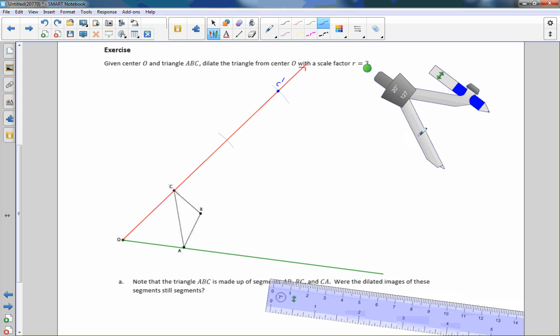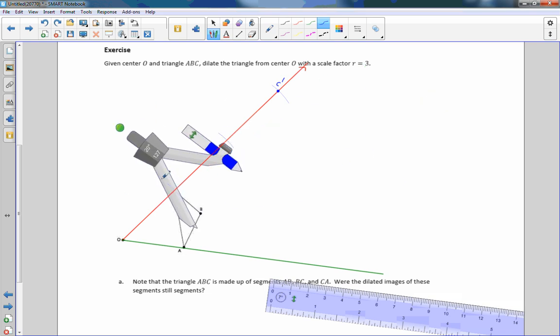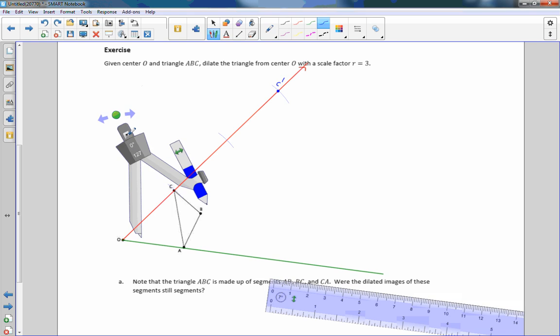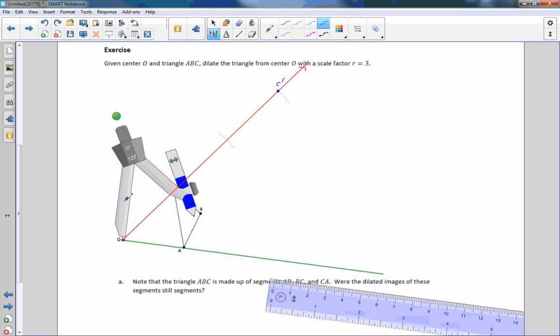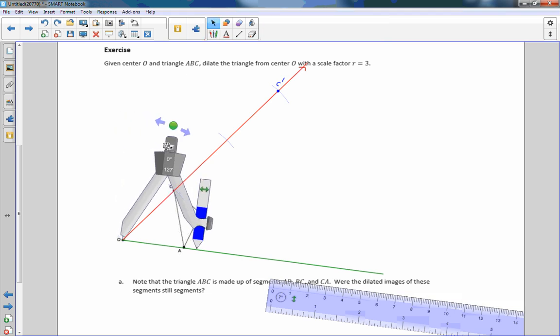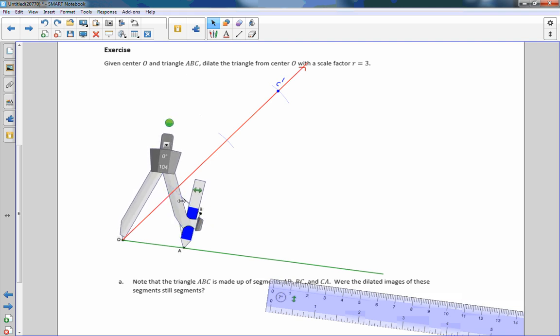Now I'm going to bring my compass over, and I'm going to put it back on O right here, and I'm going to measure the distance from O to A with my compass right there.